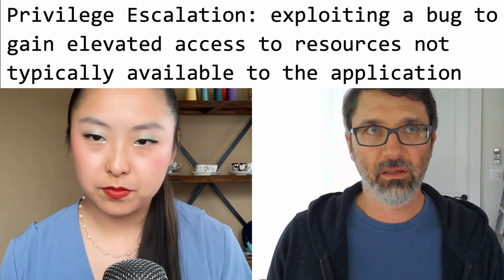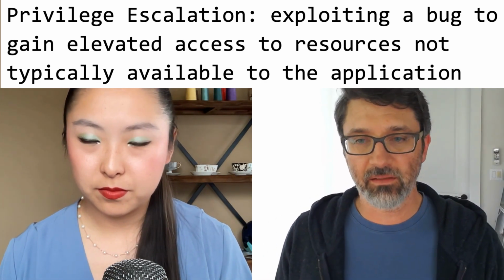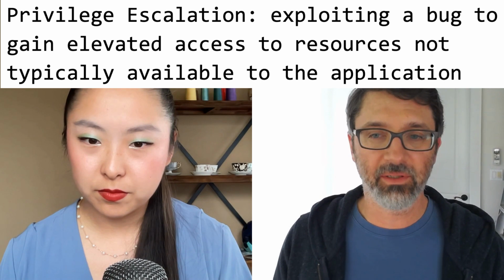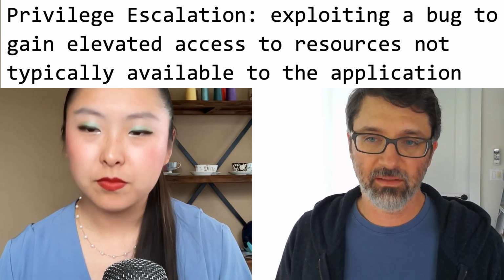But there can also be good security properties, like letting the web pages be allocated to different processes means that those web pages are not running in the same process, meaning they're not running in the same address space. And from a security perspective, that has really great properties because it means if a web page is able to tickle a bug in the rendering engine, in V8 or in part of Blink, and somehow get a privilege escalation, like start to be able to do things that JavaScript normally can't do, it's still going to be limited by the capabilities of that process and what it has access to.